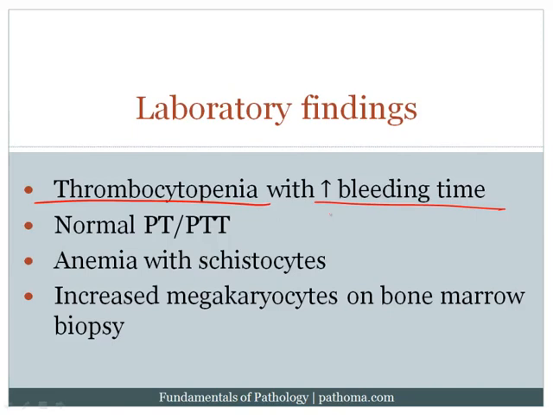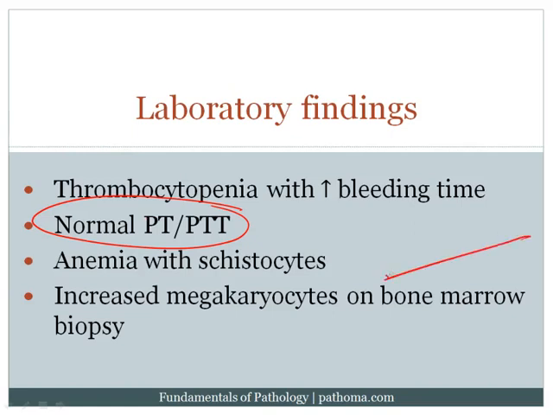Now, very important to note, and super high yield, is that the PT-PTT are classically normal, especially for exam purposes. Classically, all right, not necessarily always, but classically, the PT-PTT will be normal. And the idea here is you haven't activated the coagulation cascade.